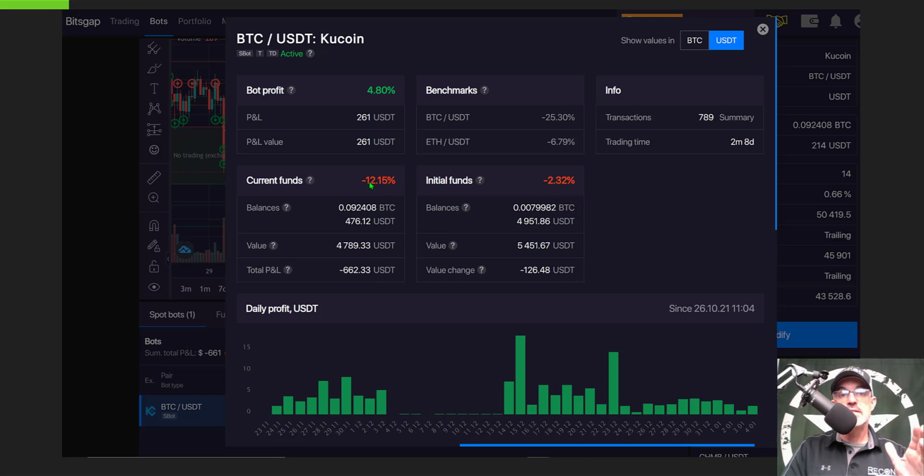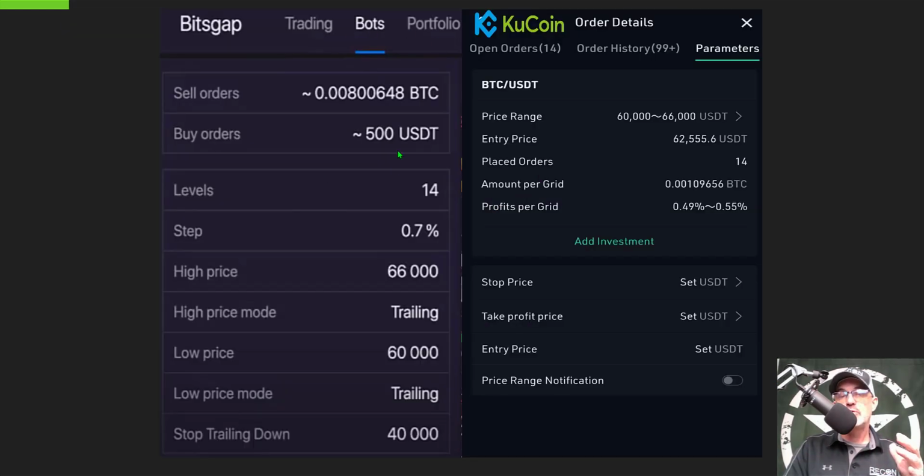And right now this bot is down 12%, but versus the Kucoin bot, it's actually down 4% less than the 16% that the Kucoin bot is down. Now, I might have been able to mitigate some of those losses for the Kucoin bot by adjusting the level down. However, Bitsgap's trailing feature is automated. Kucoin's is essentially you have to manually go in and make the adjustments.